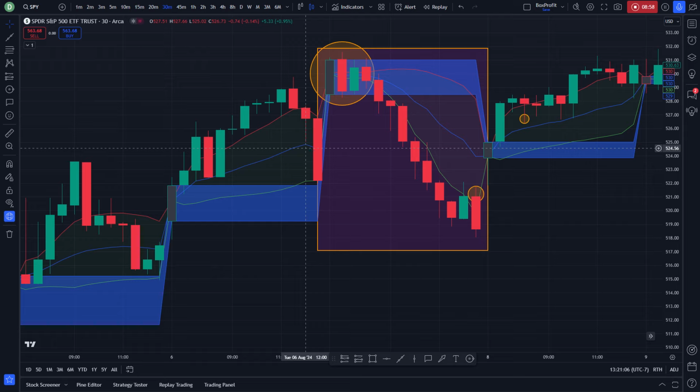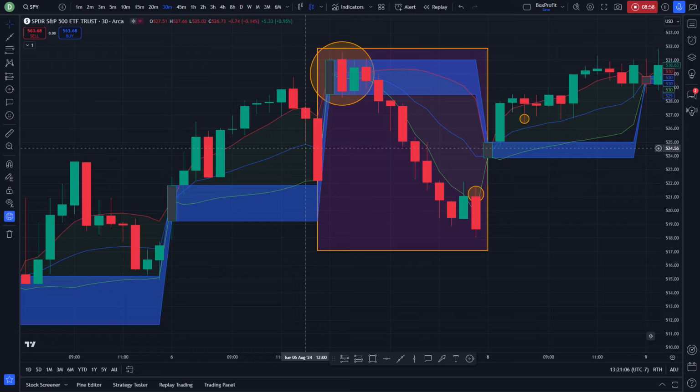Now you're using the middle blue line as your support level, or resistance level, in whichever direction you're trading. If you're bullish, you use this as your support level. If you're bearish, you use that as your resistance level. Generally, a longer time frame allows you to identify this consolidation and rule it out right away. Like I said earlier, this is how you can identify consolidation and avoid a false breakout.